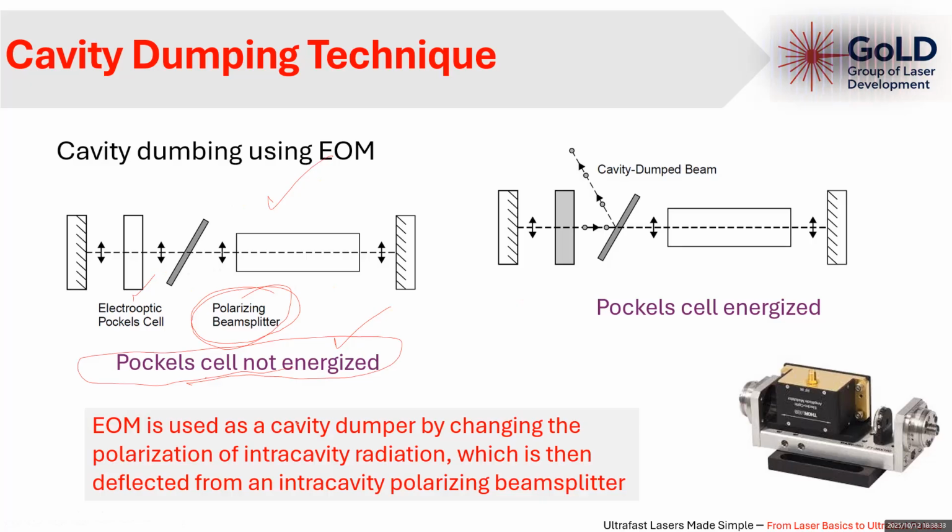It splits the light on the basis of polarization. Okay, when it is energized, it applies the electric field, the polarization is changed, and when it's changed, it can be extracted by using this. It's reflected from this one. Okay, so this is the cavity dumping technique.